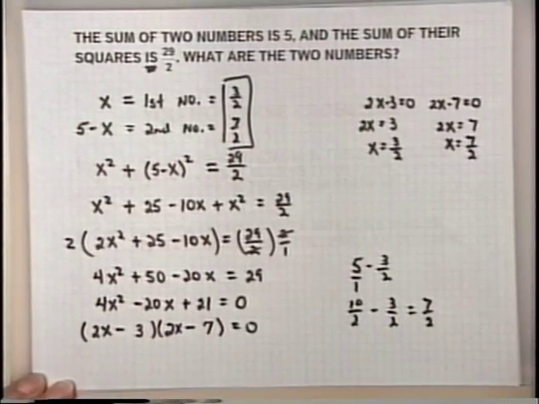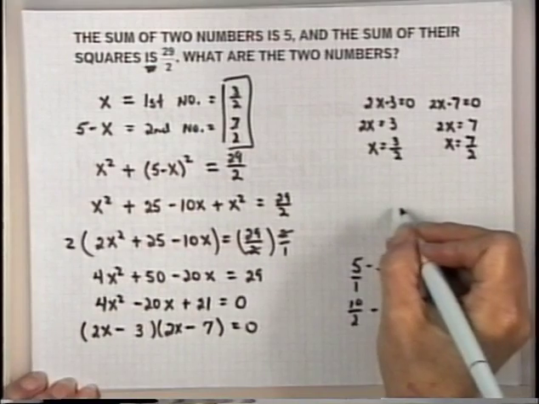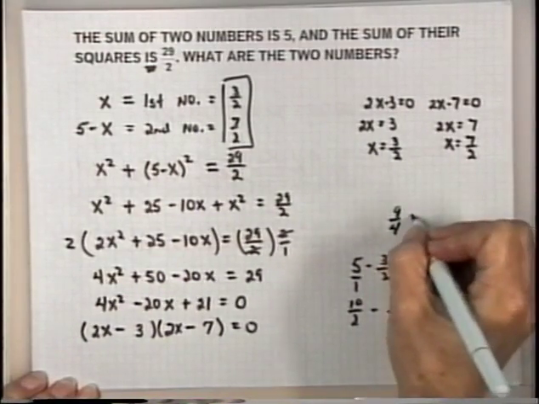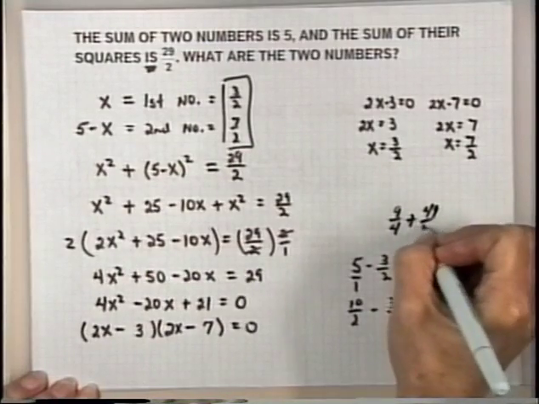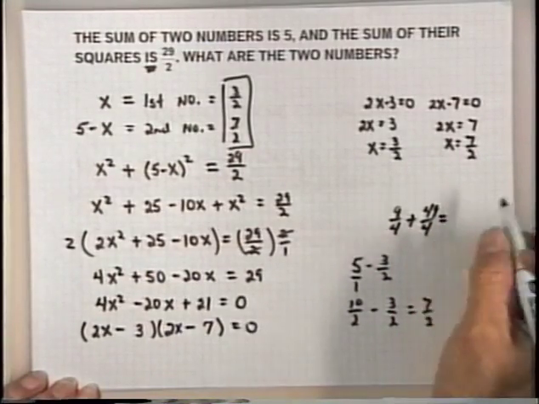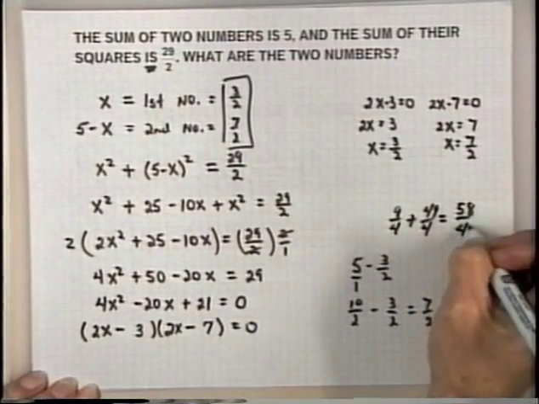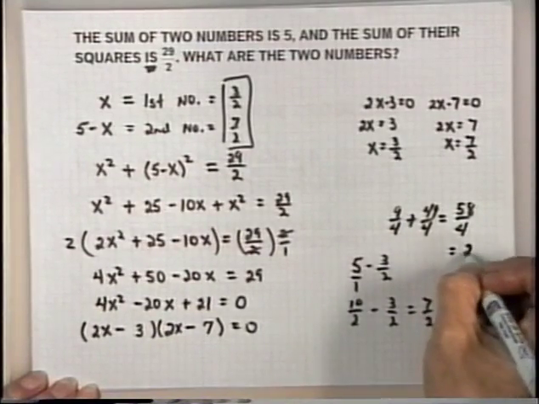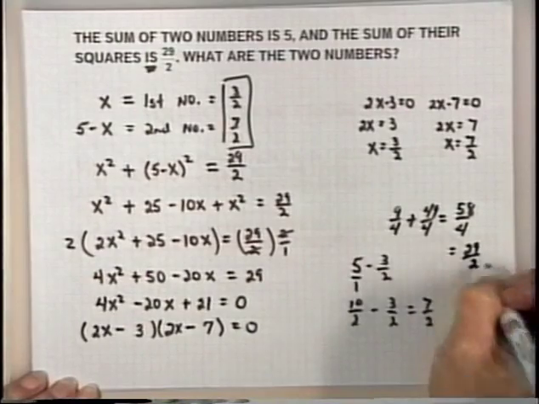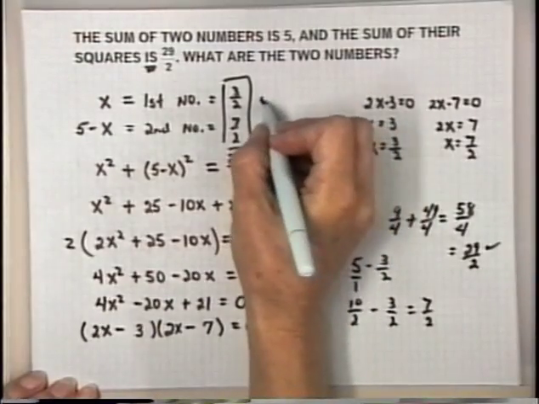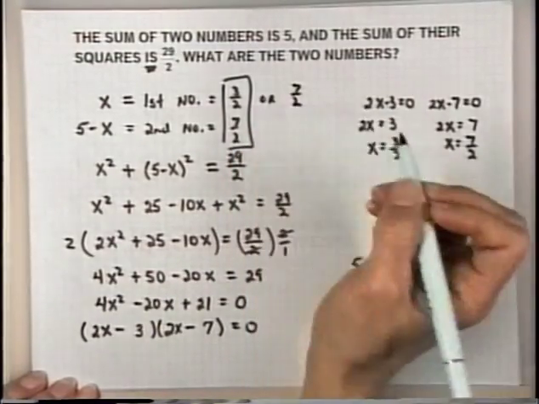If I try the sum of their squares, if I square 3 halves, I have 9 fourths. And if I square 7 halves, I have 49 fourths. Adding those, I have 58 fourths. Common factor of 2 here gives me 29 halves. So the sum of the squares is 29 halves. Now our second choice for x was 7 halves.